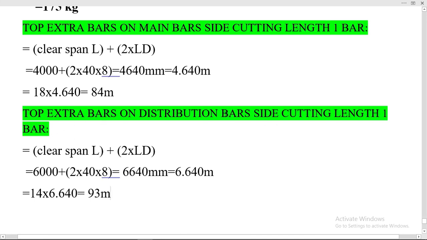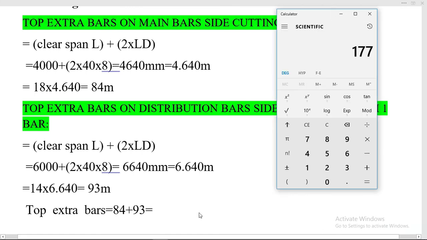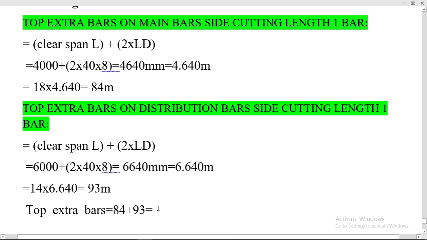So 84 plus 93 is the total cutting length of the extra bars. The total cutting length required for top extra bars on both sides is 84 plus 93, 177 meter.